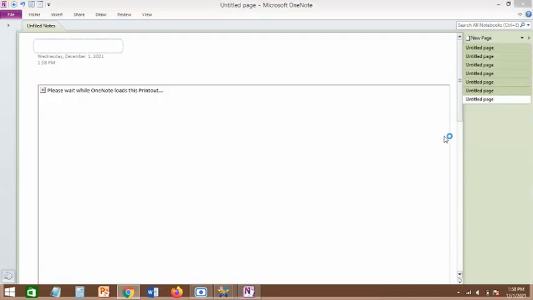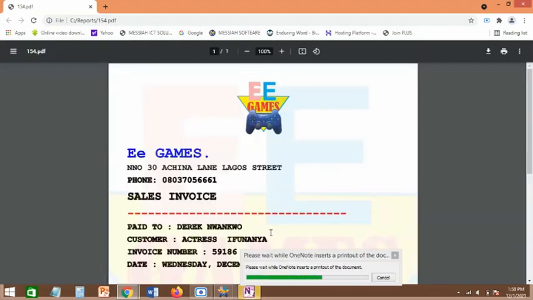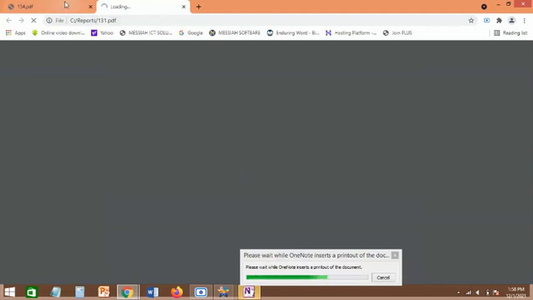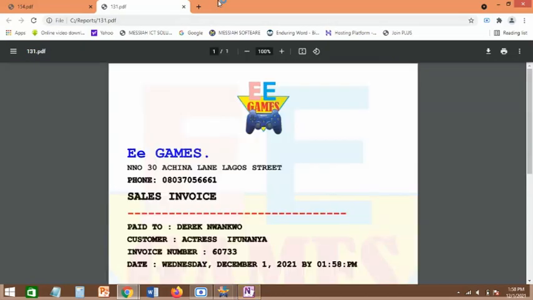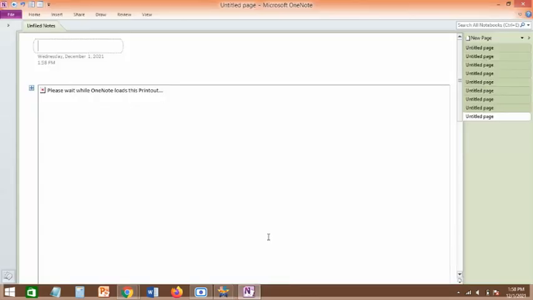Okay, paying 50,000, and it's an automated payment. So right here, there will be a lot of invoices that will be generated. Are you seeing it generating a lot of invoices?